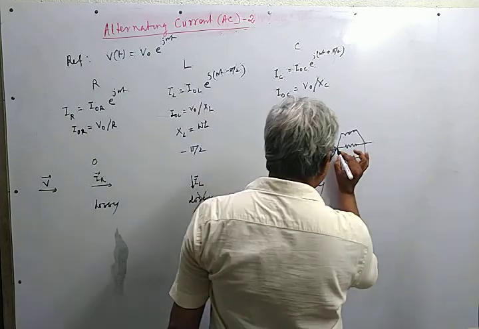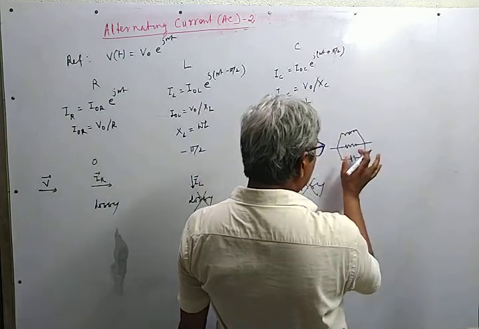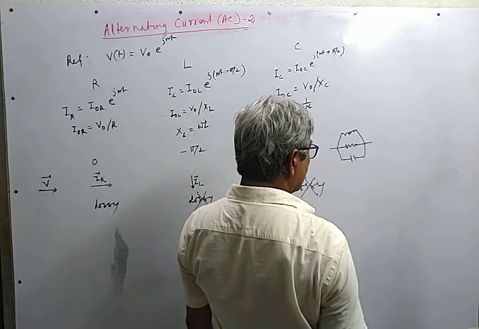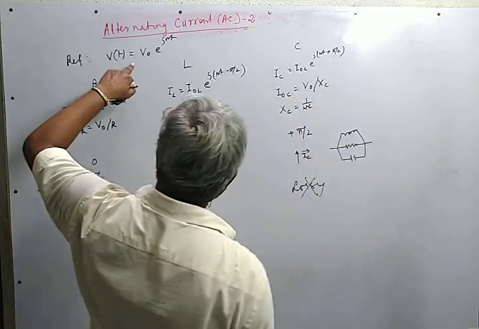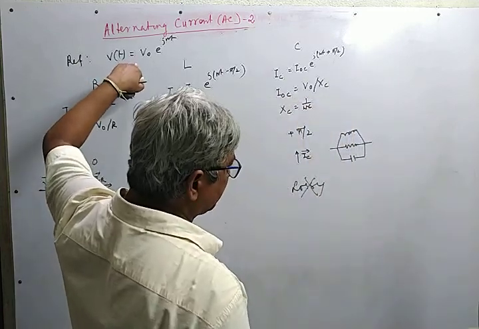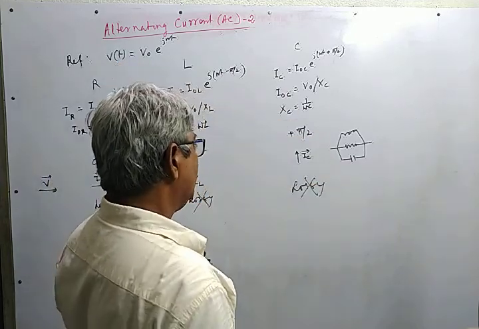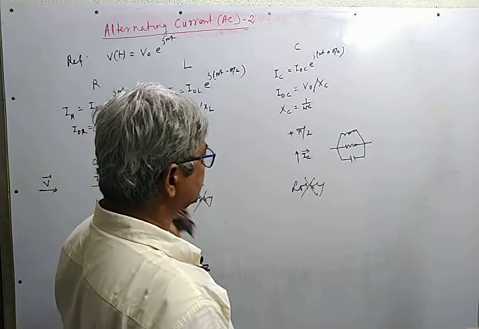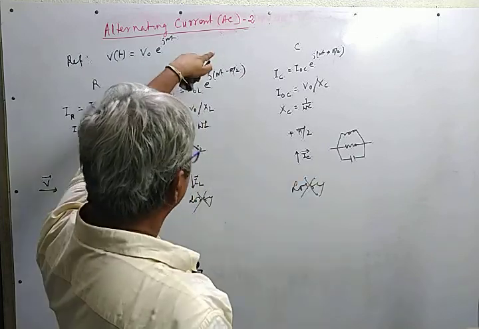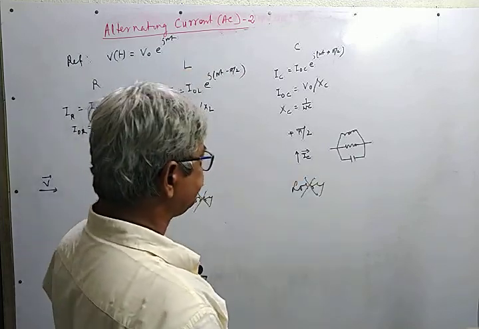So the same voltage is applicable to the ends of all the 3 circuit elements. So we consider it as the reference voltage, and see how the current through these circuits responds to the reference voltage. We have made the analysis.